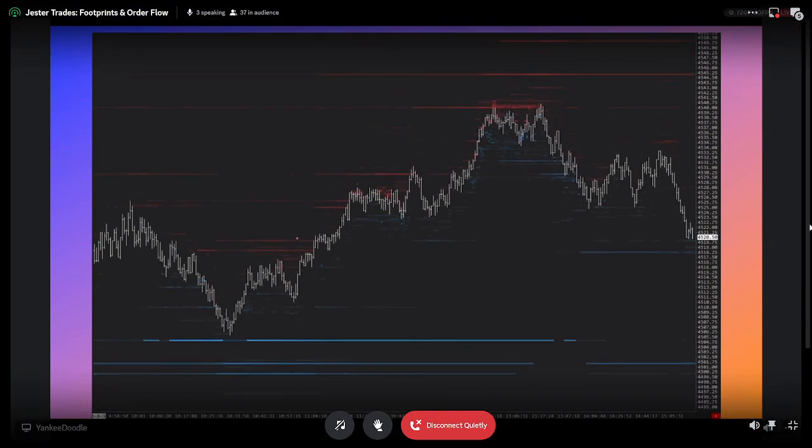Yeah, so it just shows areas of really high resting liquidity. If it's dark and then all of a sudden it's bright blue or bright red, it means that they added a lot of liquidity there. It might be a spot they want to absorb at. It might be a spoof, or they might just pull it.